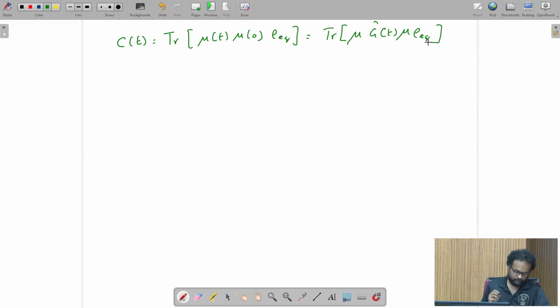It's a correlation function. Let's consider, for the sake of this discussion, a two-level system with initial state rho 0, 0.